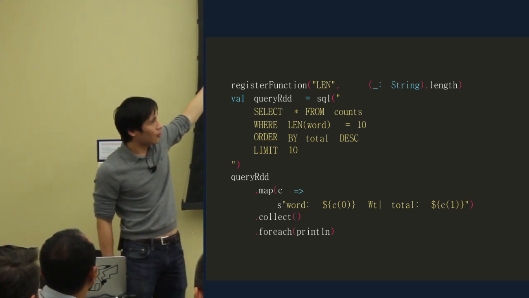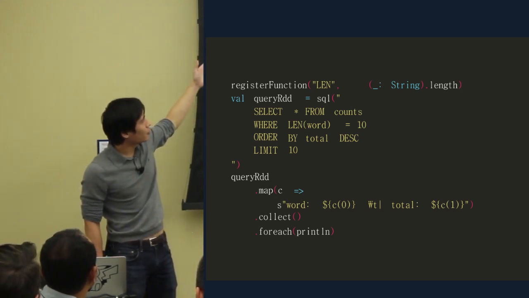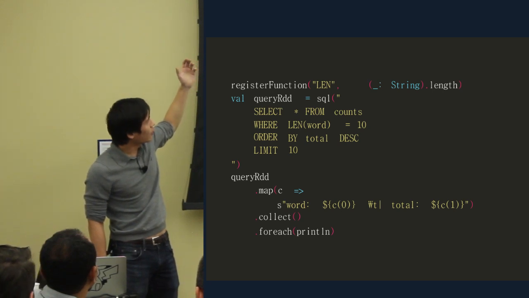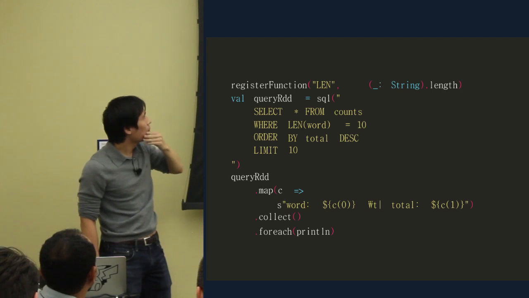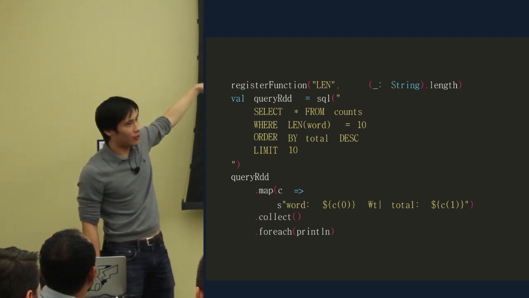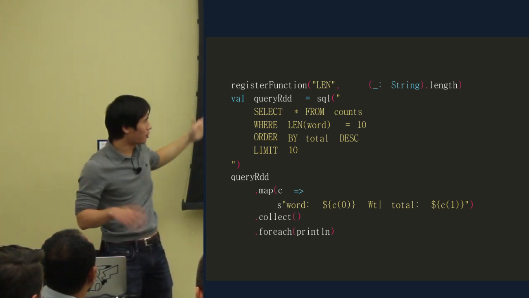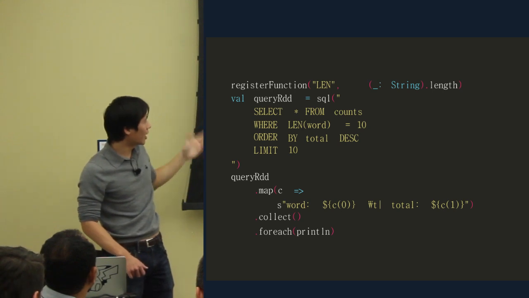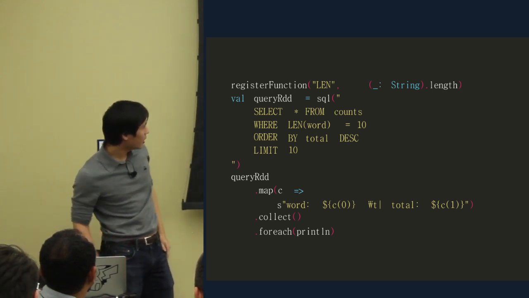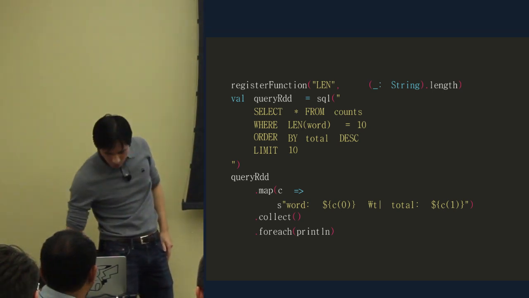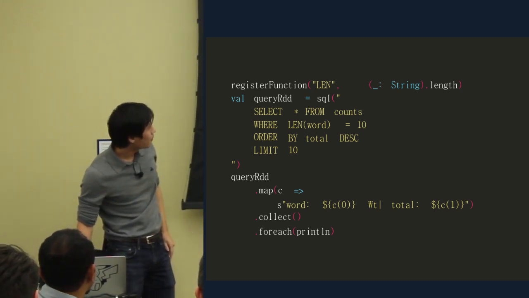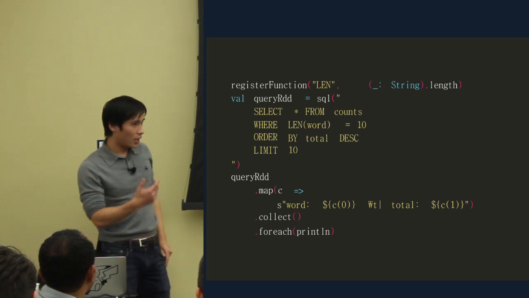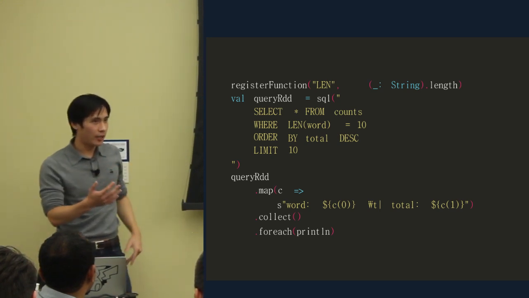So now in our SQL query, we can query for all words with a length of 10. And then there's a couple other statements to show that it supports most of the SQL statements. So you have your order bys, limits, et cetera. And again, what it ends up getting turned into is a Spark Core API query.